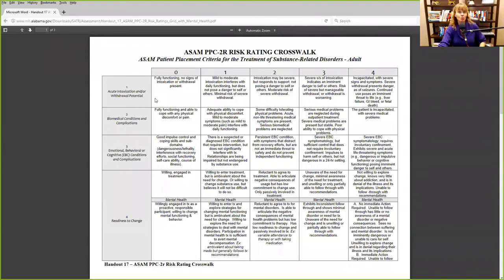In level 2, which is again intensive outpatient, persistent emotional, behavioral, or cognitive conditions that distract from recovery efforts. So they're really having difficulty maintaining their focus and following through with their treatment plan without the structure.